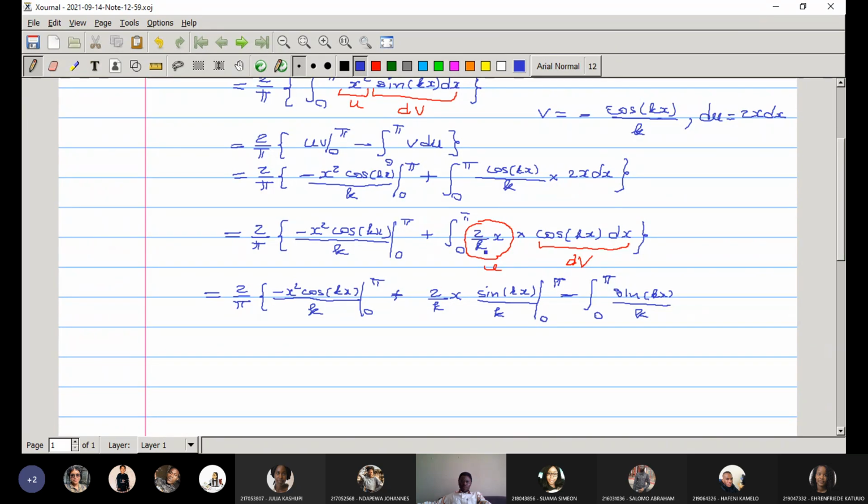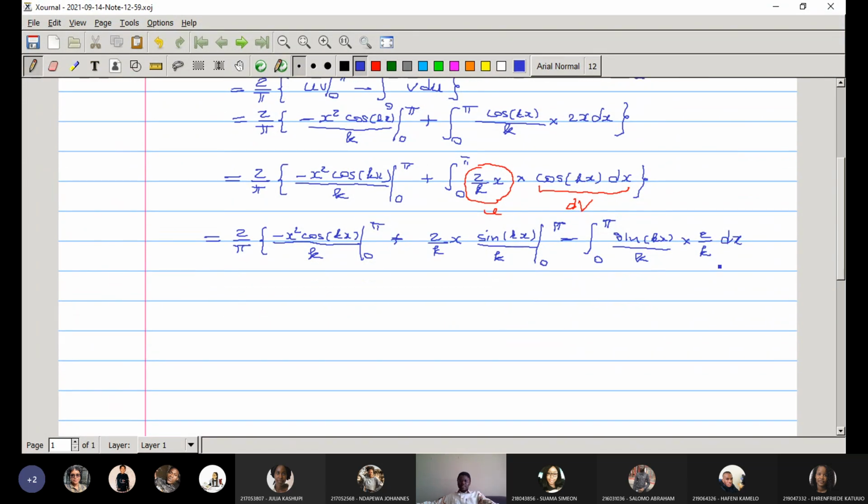This is our u, and what is du? It is 2 by k dx. Right? So that is the expression. Now we can collect all these terms and factor.